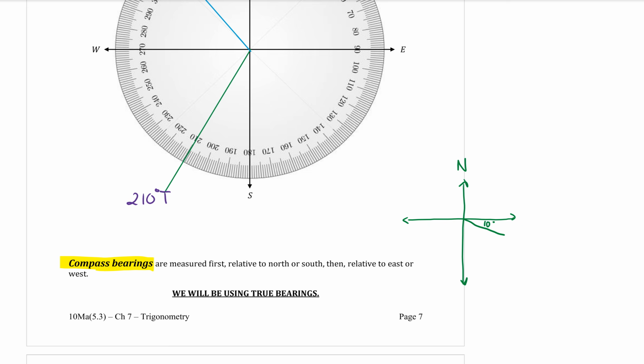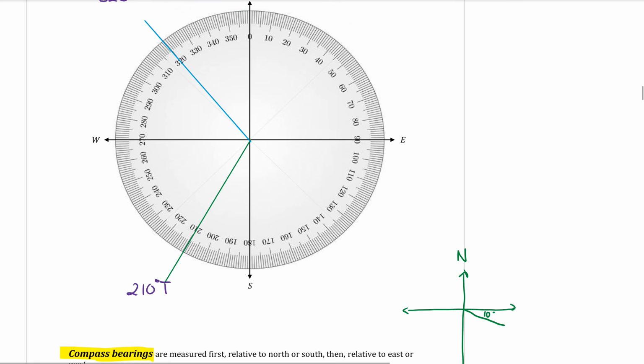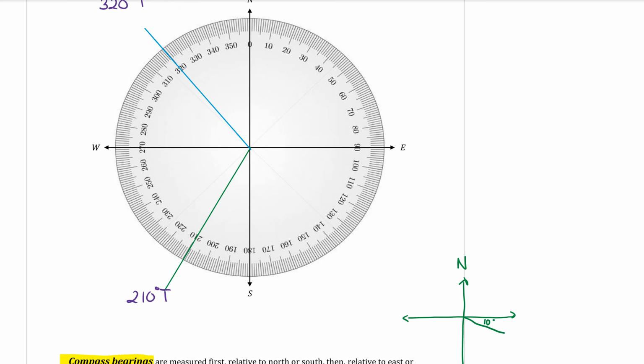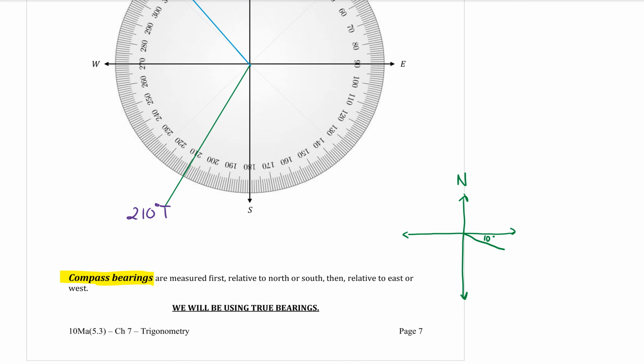Okay, so again, if I come back to my green line here, my green line is heading towards, it's not directly south, but it's definitely heading in a southerly direction. So we would start by describing that as being south. Then we want to know from the south, because that's what I've started with, how many degrees we are traveling towards and we're traveling towards the west.